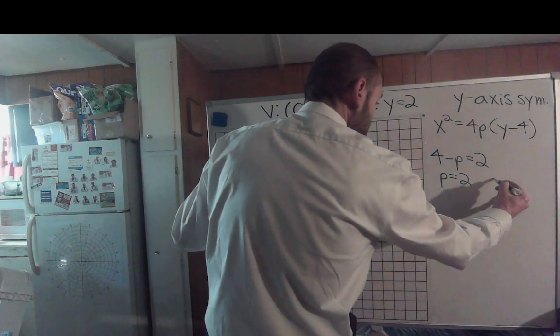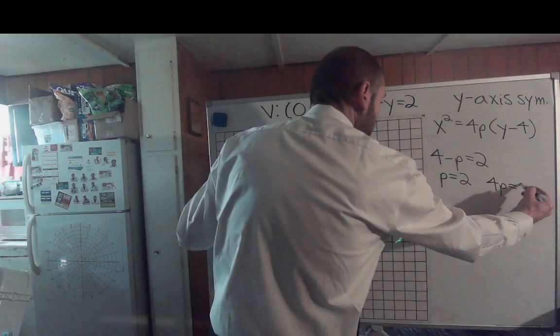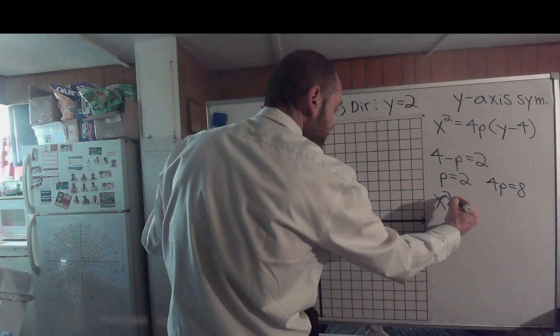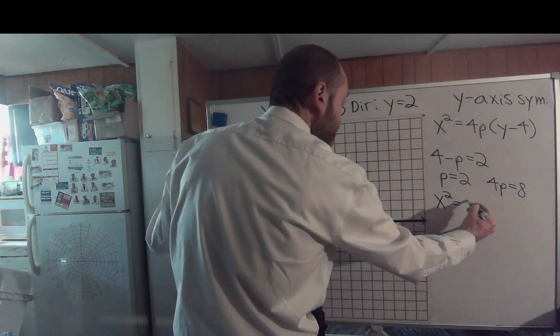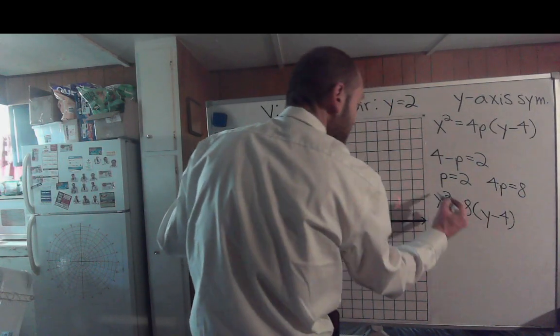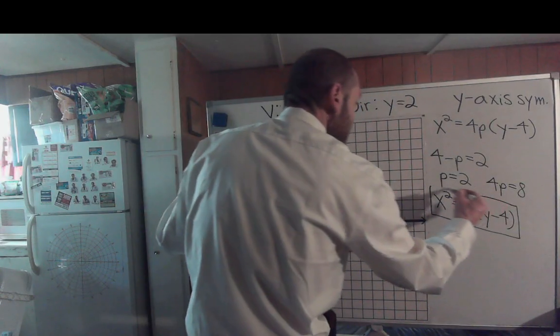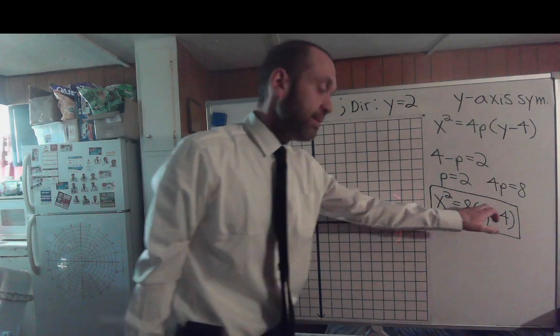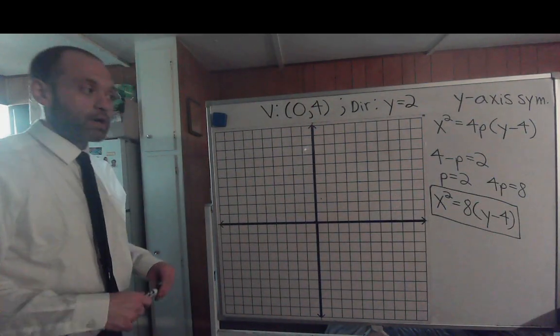So that means 4p is going to equal 8. So if I put in the 8 now, we'll have the actual equation for this parabola. You would have x squared equals 8 times the quantity of (y minus 4).